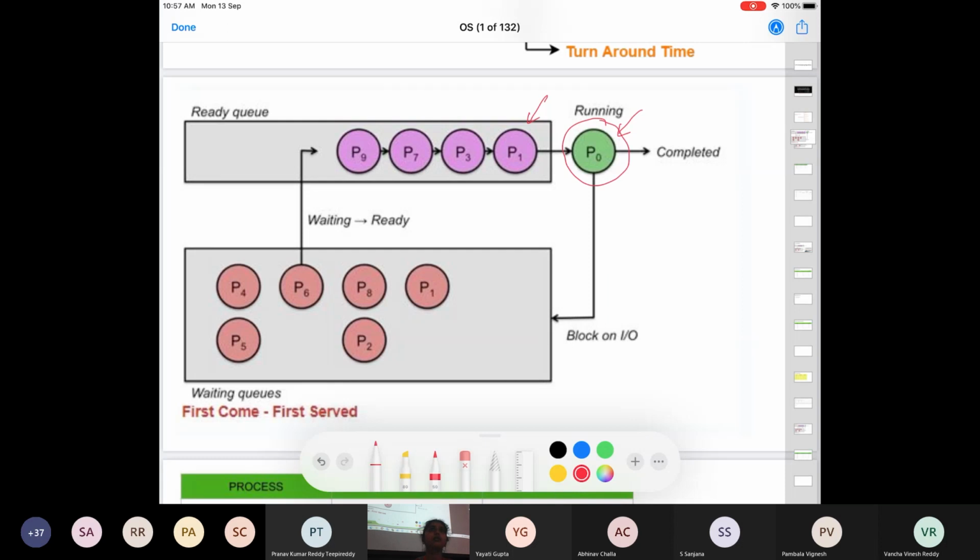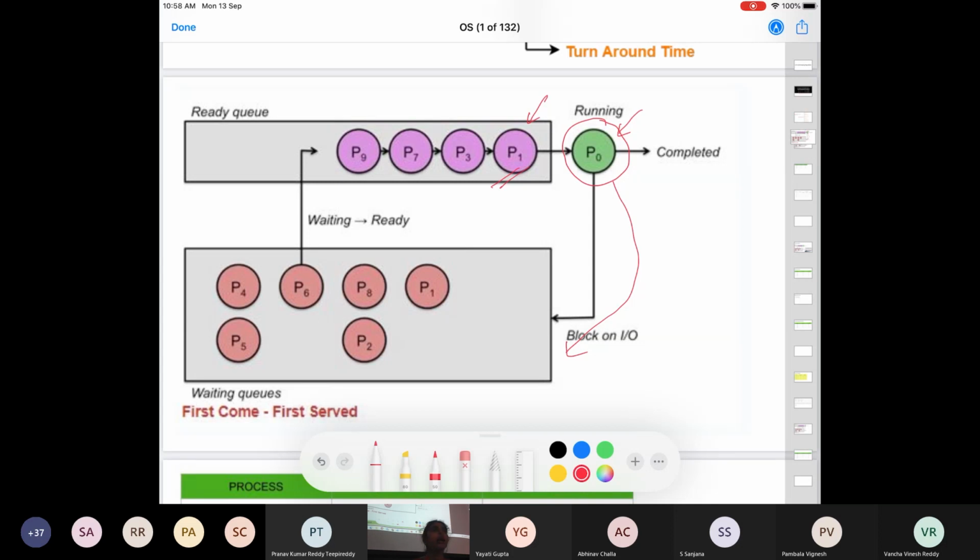You gave it CPU for some time, and let's say it executed for 3 milliseconds, and after that it requires to do some input output operation. So I can no longer run it on the CPU. It goes to the blocking state to complete its input output, and then I have to bring another process from the ready queue to the CPU, and I can bring the process which was next in the queue. So P1 comes and it starts executing.